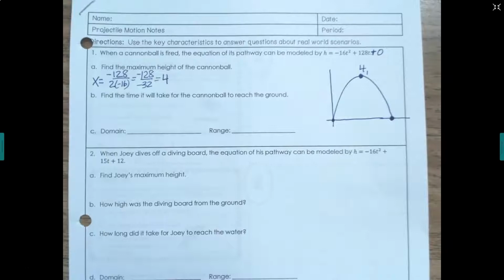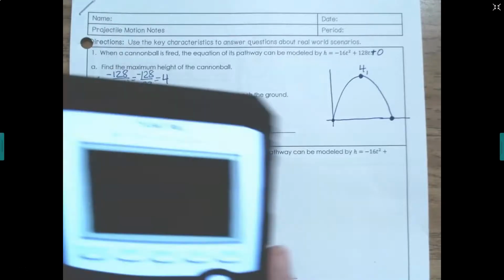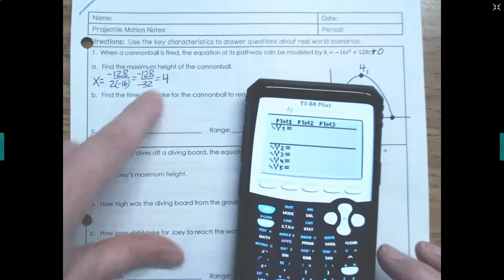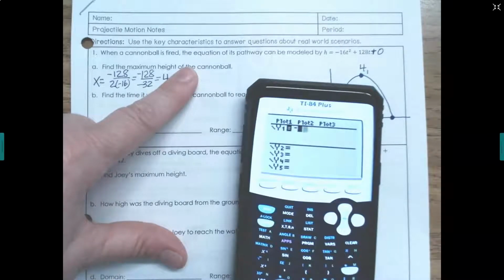So now I know the x value of the vertex. To find the y value, you can plug 4 into the equation, or you can put your equation in the calculator to find it. So let's do that. We can use our calculator just like we were doing before. So I'm going to go into y equals, clear this out, and my equation is negative 16.